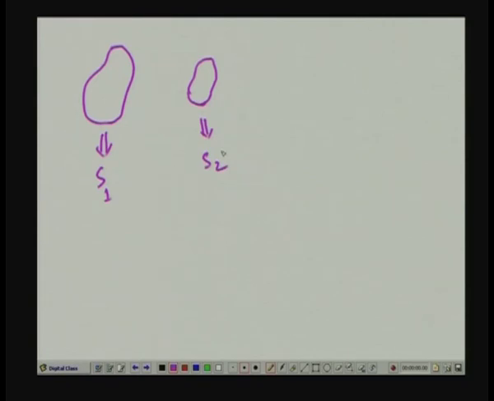So, when we want to generate the shape number of this particular object, say O, the shape number that I generate must be starting point independent, and at the same time whatever is the order of the shape number of S1, the order of the shape number S2 must be the same. To obtain this, we have to align the grid in a particular way, so that our generated shape number is independent of the starting point.